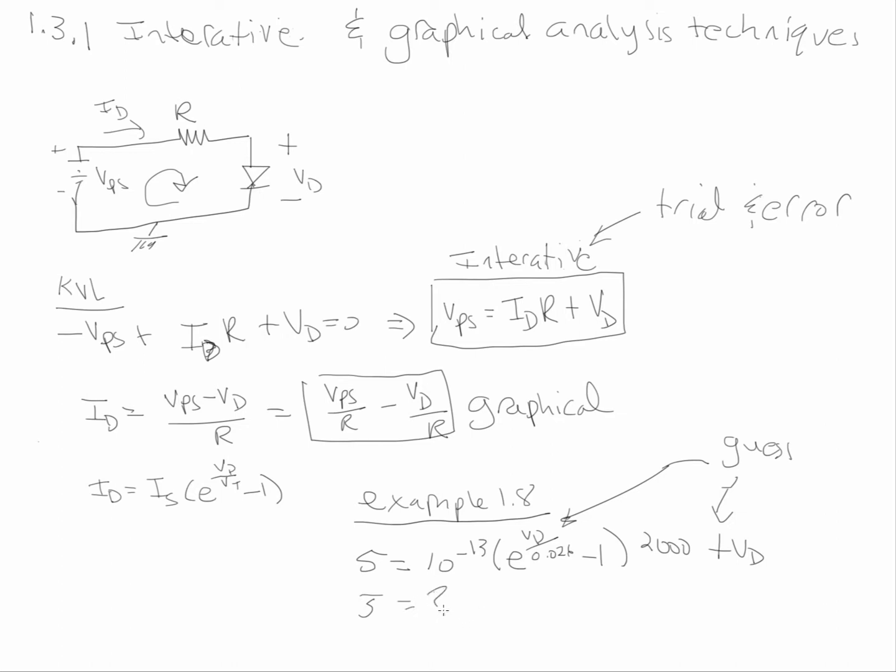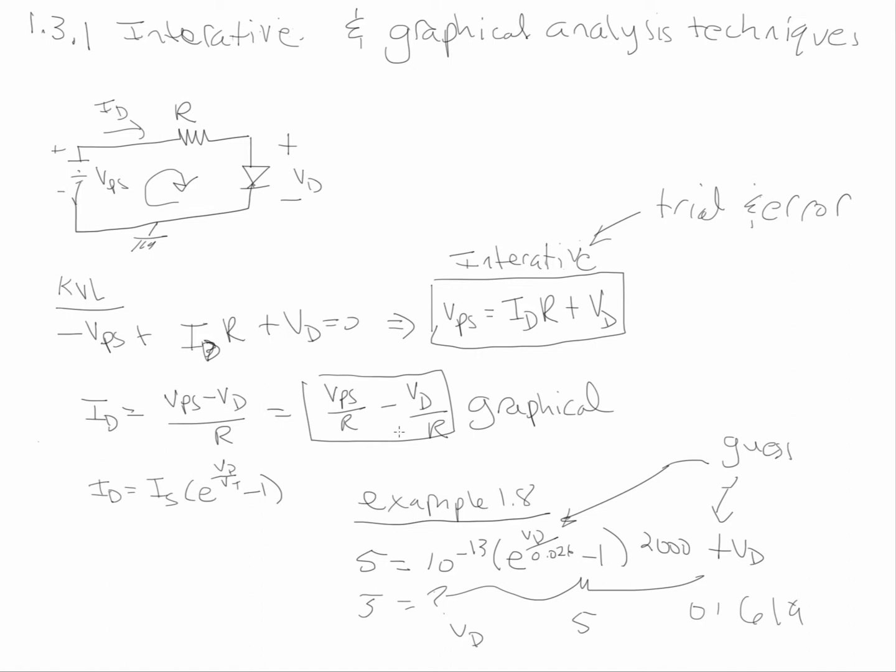If it doesn't, then you pick another value, higher or lower, until finally you pick a VD where, when you evaluate this whole equation, it equals 5, and then you're done. So that's the iterative, trial and error way to do it. In that example, if you eventually pick a VD of 0.619, then this side will come out to be 5. So that's the trial and error method.